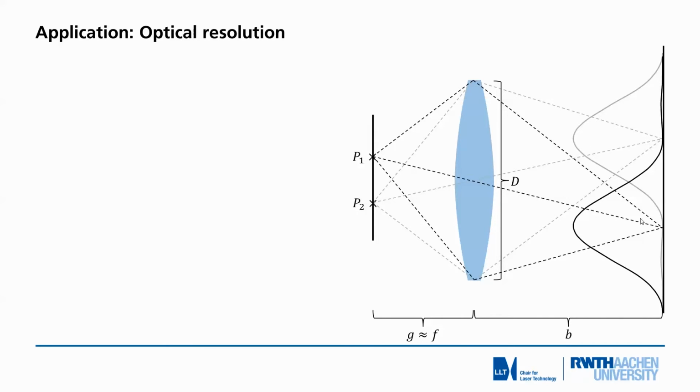So we define the optical resolution as the distance of 2 points in the object plane which generate diffraction patterns where the minimum of the diffraction pattern of point 1 here is exactly in the same position as the maximum of the diffraction pattern of point 2, which would be right here.